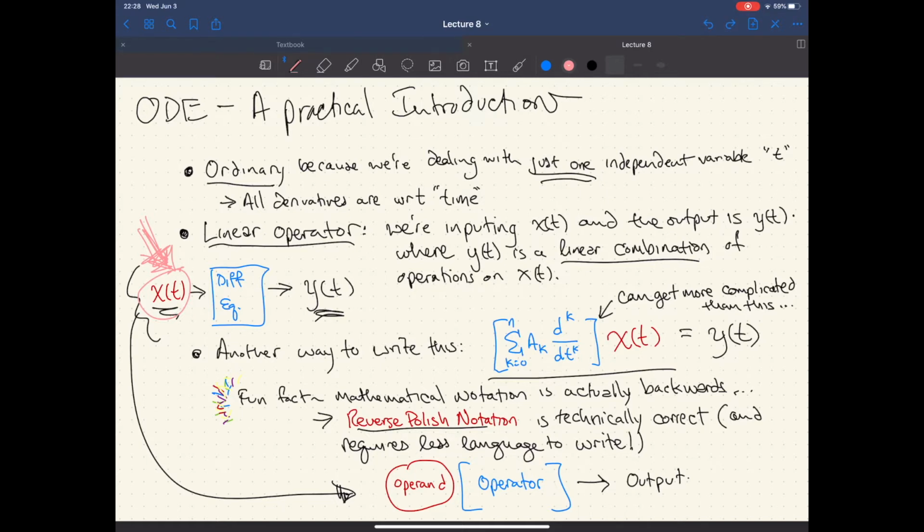We call this input an operand, by the way. And then you get an output on the right. We read from left to right. But in fact, when we write it, it looks like this over here. What the heck? So some smart people said, hey, why don't we use this thing? We'll call it, for whatever reason, reverse Polish notation.